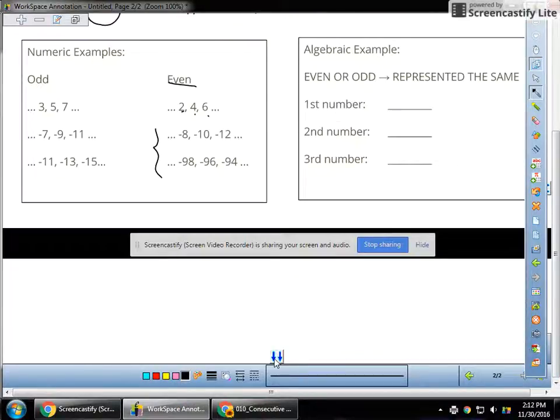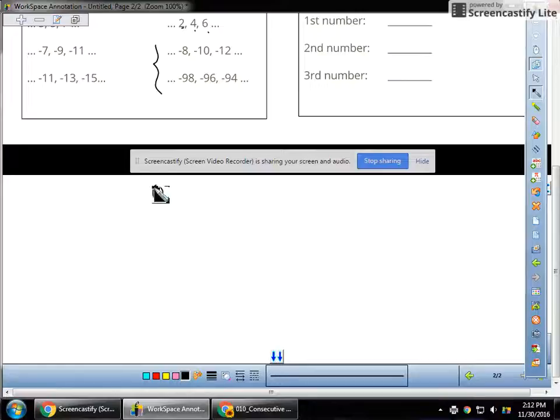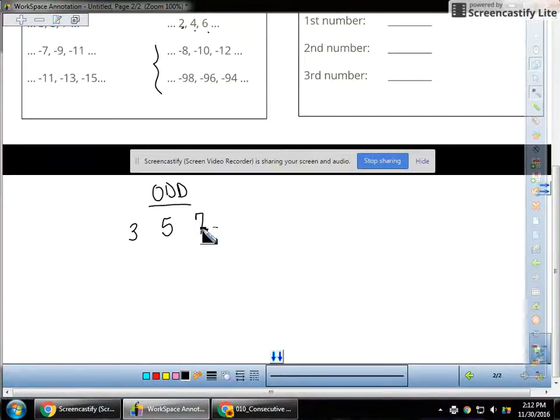So if I take the odd number example of 3, 5, and 7, those are 3 consecutive odd integers. Like always, I will represent my first integer with the letter x. That does not change.